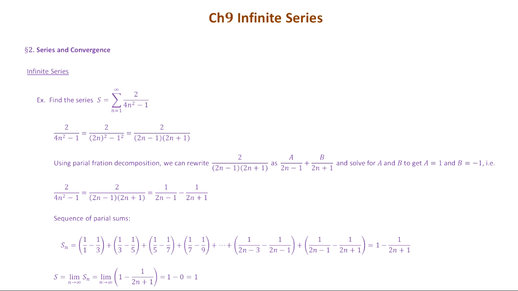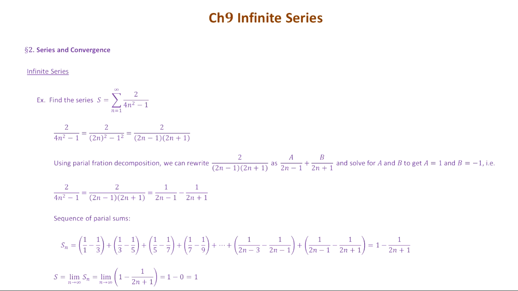Okay, so then we got the partial sums, s sub n. Just do it again. You just add all the first n terms. So now the terms can be written as 1 over 2n minus 1 minus 1 over 2n plus 1. So again, you take n equal to 1, you get 1 over 2 times 1 minus 1.